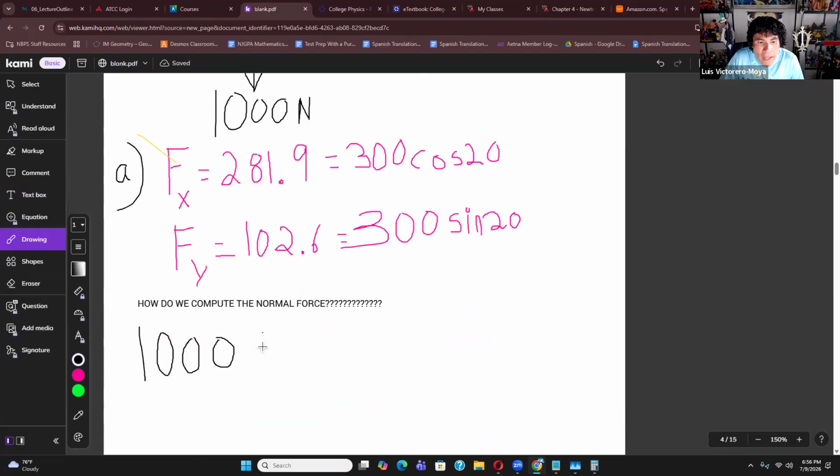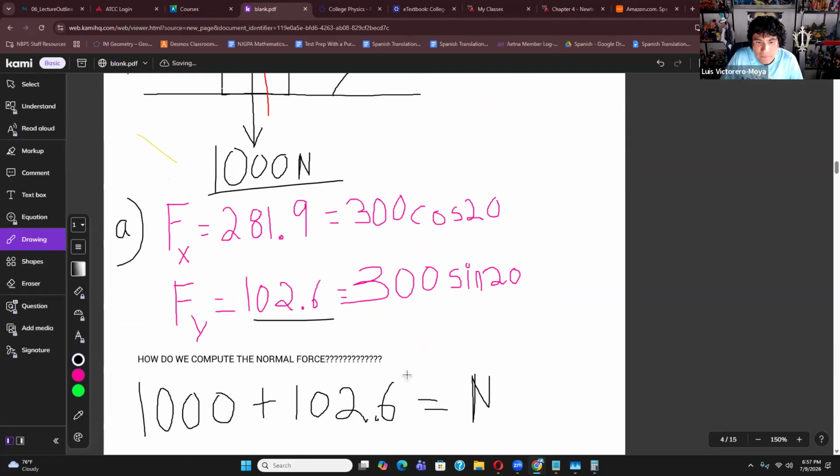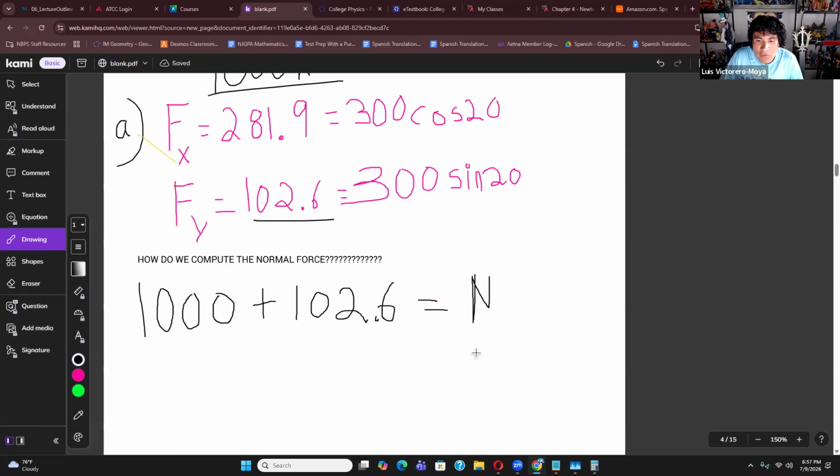So 1,000 plus this is equal to the normal force. Right? That plus that equals to that. So my normal force is 1,102.6.